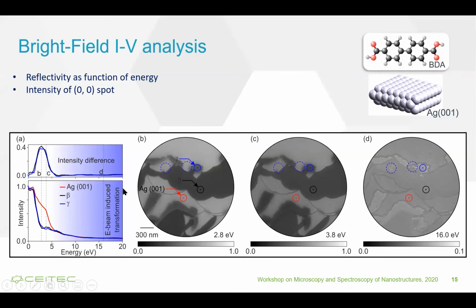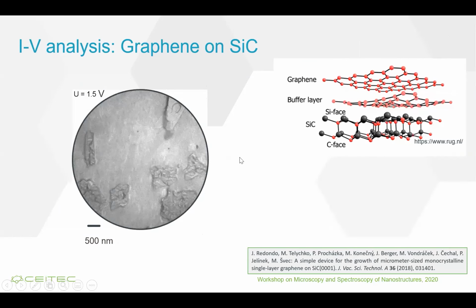But of course, if you see these curves, it would certainly remind you of the advanced dynamical LEED analysis where you can really get atomic positions from the calculations. In the next example, it's not there yet, but it's getting close. And this is the second experimental system, which is silicon carbide hosting a graphene layer, and there is some buffer layer.